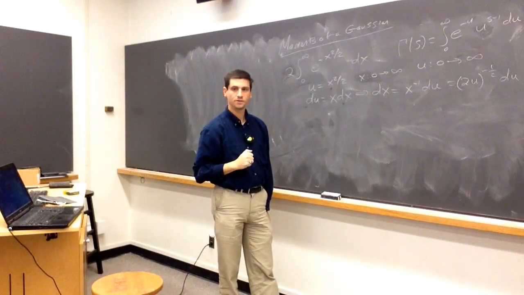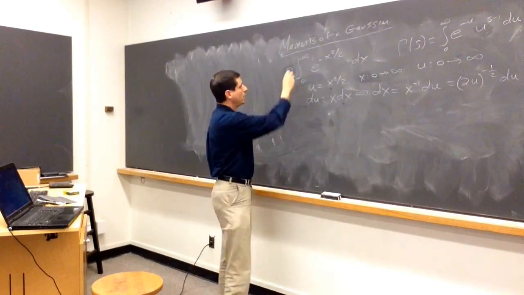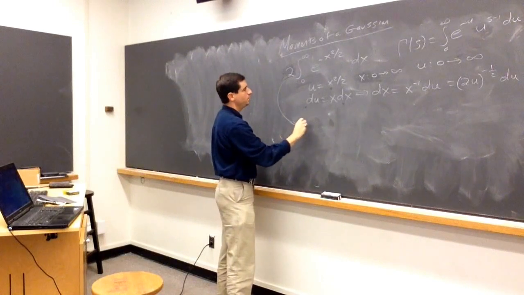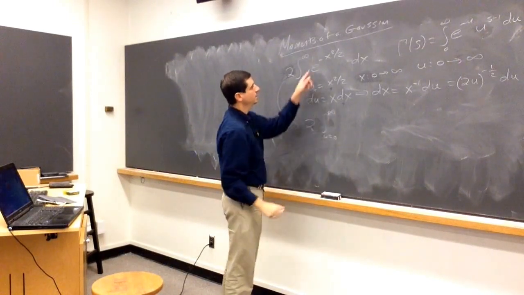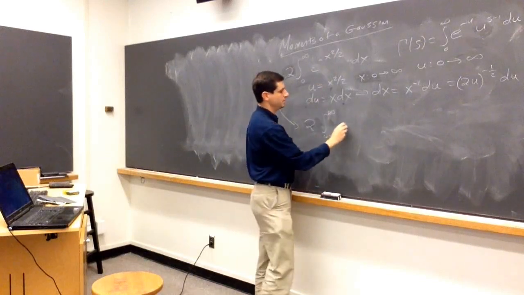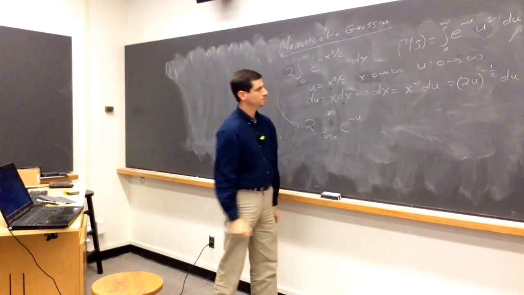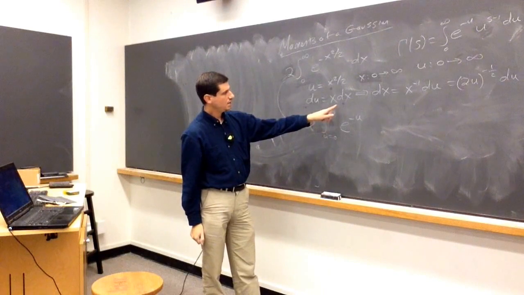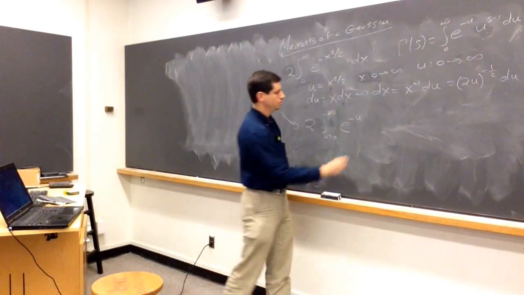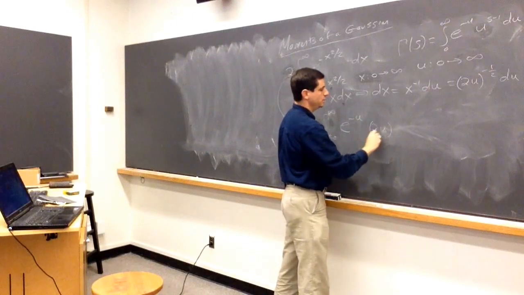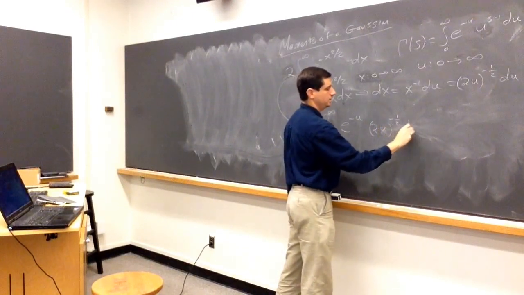So now our integral becomes 2 times the integral, u goes from 0 to infinity. E to the negative x squared over 2 becomes e to the negative u. And now the dx becomes 2u to the minus 1/2 du.